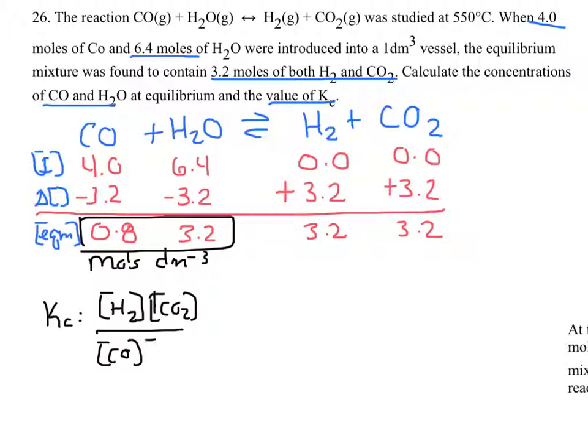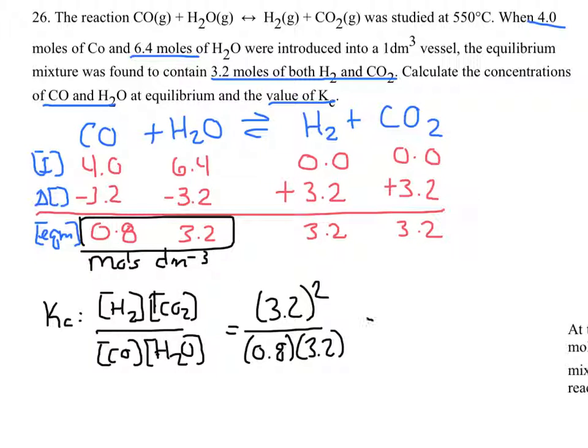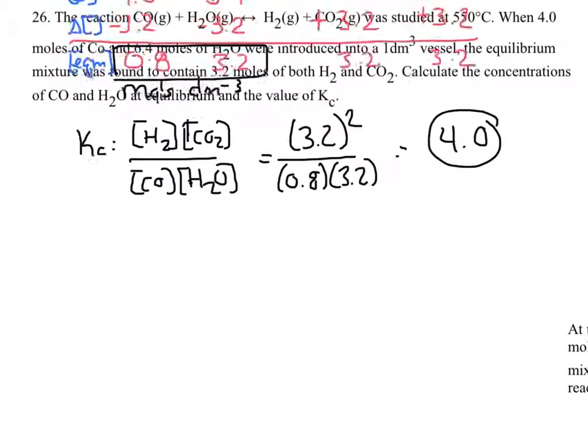We have no exponents because there are no coefficients. Plug in your numbers. 3.2 times 3.2 gives us 3.2 squared, so I'm just combining those. Plug this into your calculator and you get 4.0, which means that is the expression at equilibrium. As long as you change nothing else, everything at equilibrium will equal 4.0 for this reaction, which takes us to the second question.